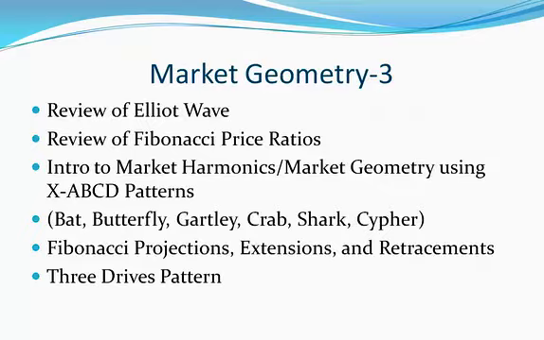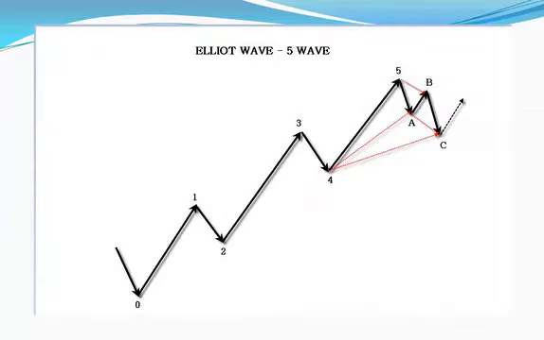Looking way back, it all comes down to Elliott wave. It all comes down to price structure. It all comes down to market geometry. And what we're going to do is cut from this week. We're going to cut this video off, and next week we're going to look at doing actual price charts with actual price patterns.